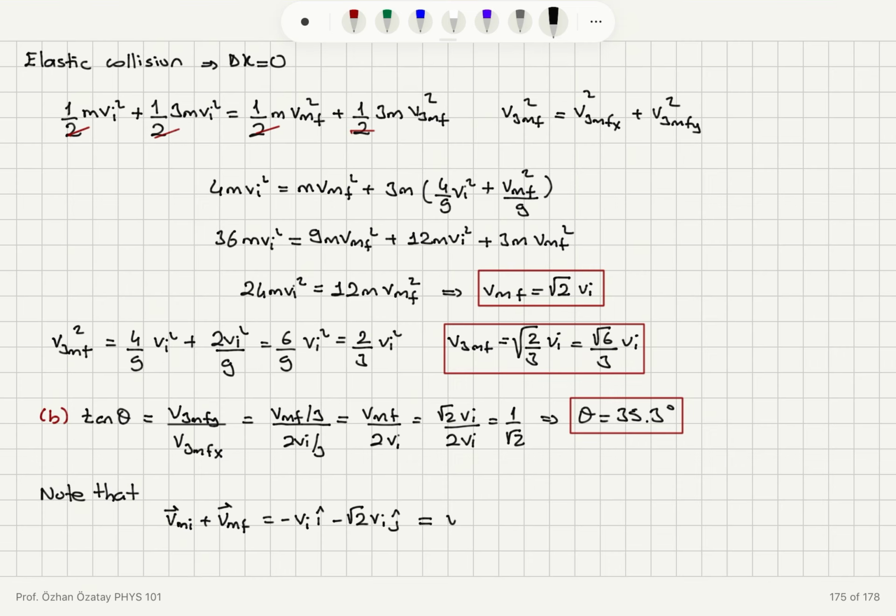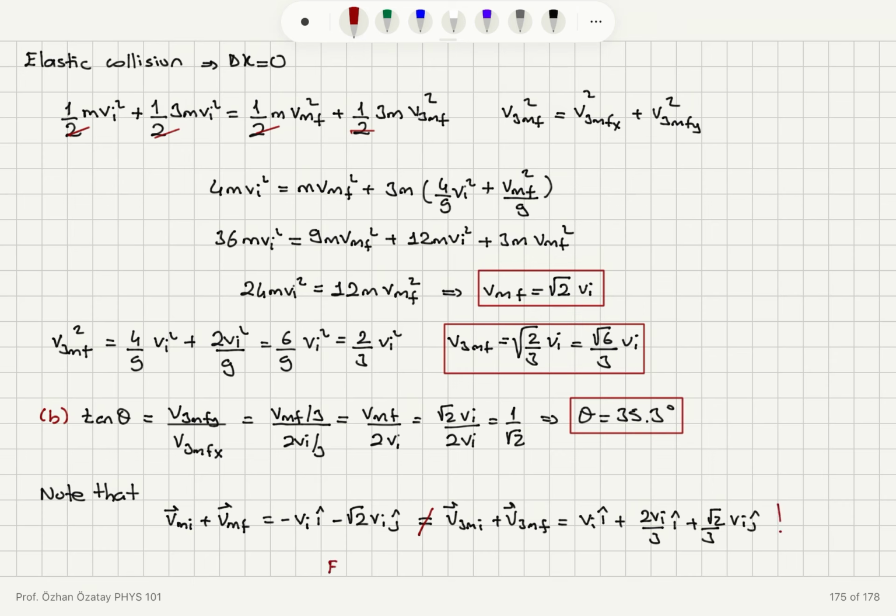Is this equal to V3m initial plus V3m final, as we said for head-on collisions? Well, V3m initial was Vi I hat, and V3m final is 2 Vi over 3 I hat plus square root 2 over 3 Vi j hat. As you can see, these are not equal.